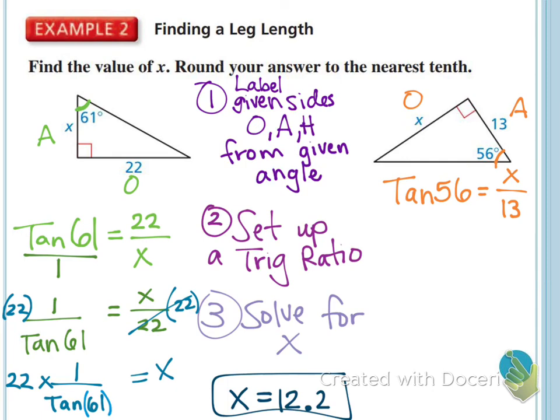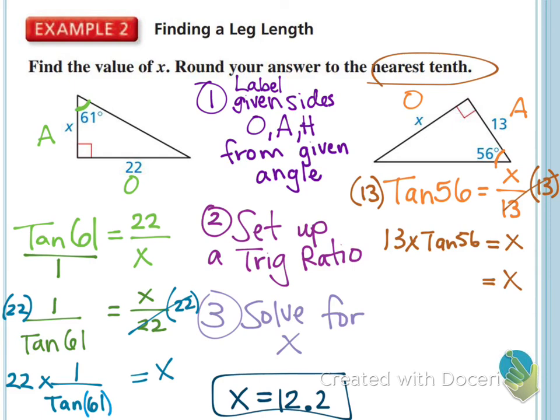No. X is being divided by 13. What is the opposite of dividing by 13? Multiplying by 13. So you do not type in a fraction at all. You type 13 times tangent of 56. And we are still rounding to the 10th. What is it? 19.3. Wonderful.